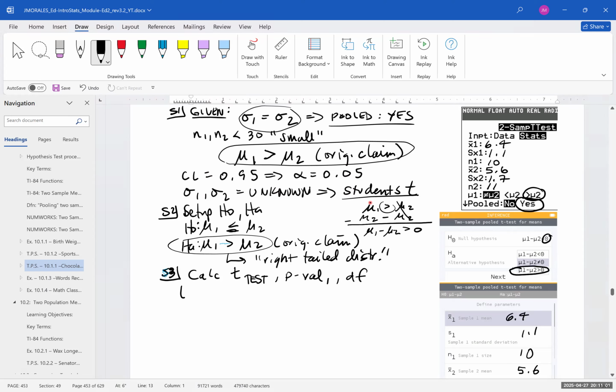So we're going to have a t-test statistic of a positive 1.2265, a p-value of 0.111, and degrees of freedom equals 19. All right, let's go to the next page.